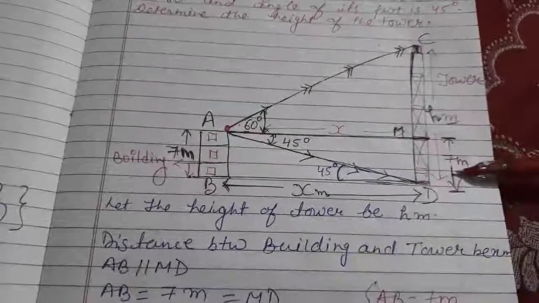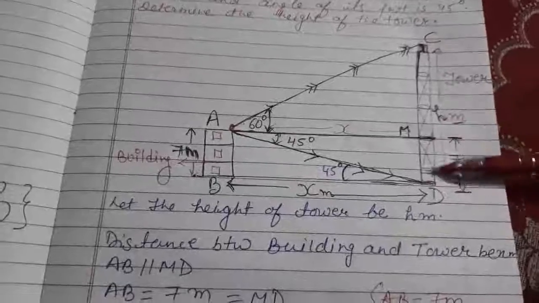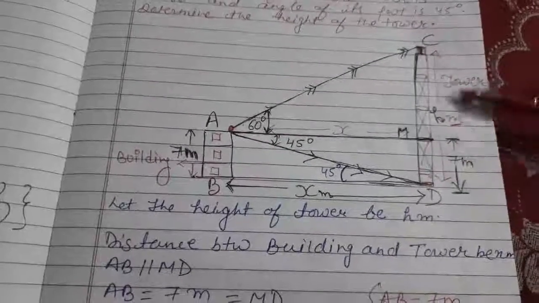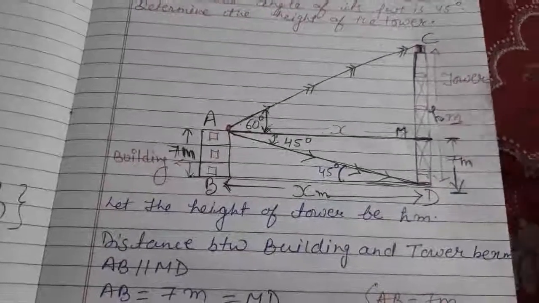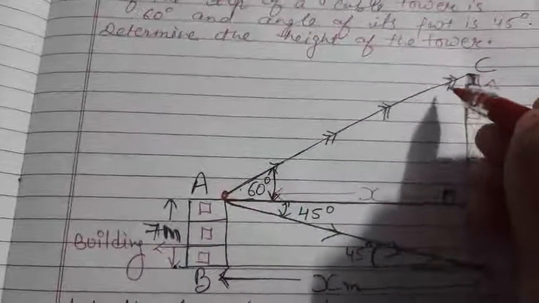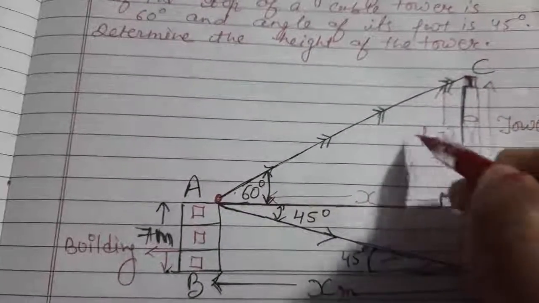MD is 7 meter, so what will be the height of CM? From the total height we reduce 7 meter, so this height will be H minus 7.